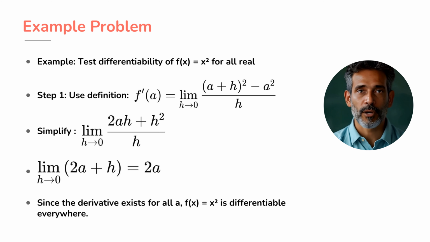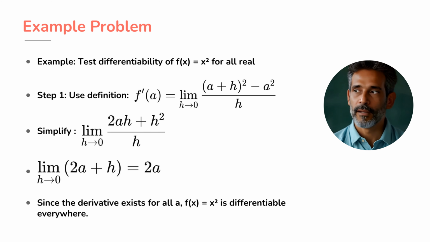Simplify the numerator, a squared plus 2ah plus h squared minus a squared, which gives 2ah plus h squared. Now divide by h to get 2a plus h. As h tends to 0, this becomes 2a. So, the derivative exists for every real number a, which means f of x equals x squared is differentiable everywhere on the real line.